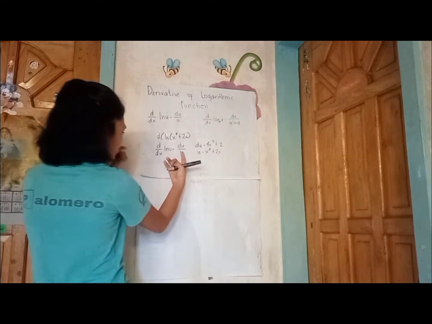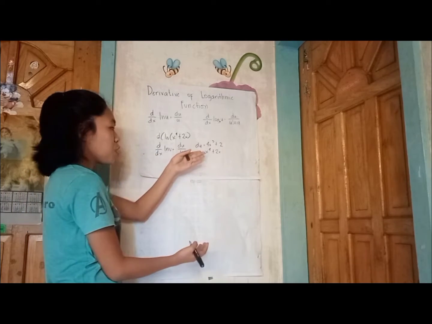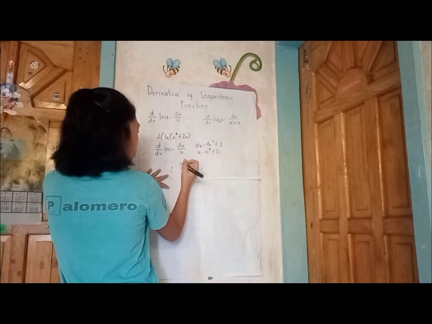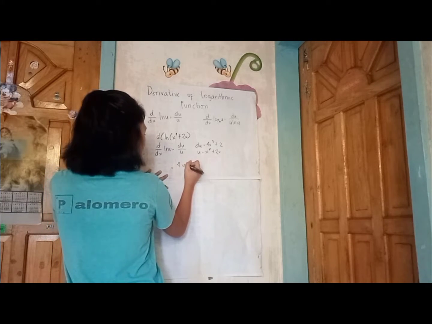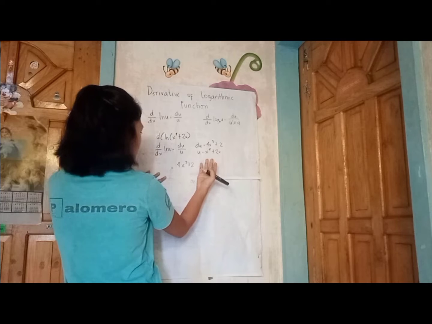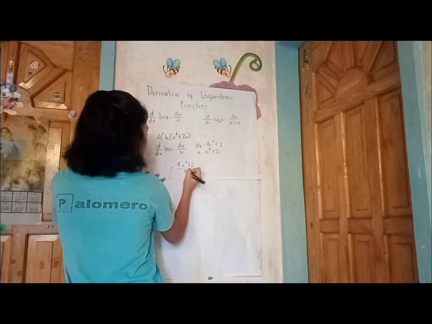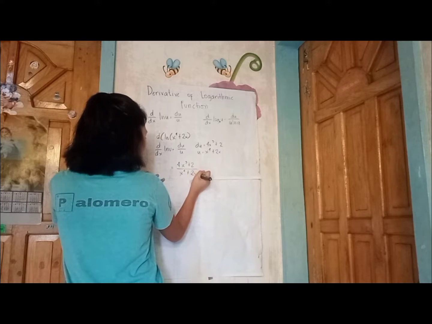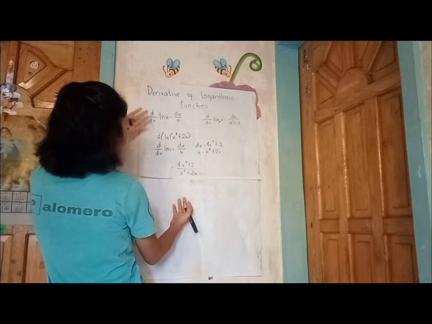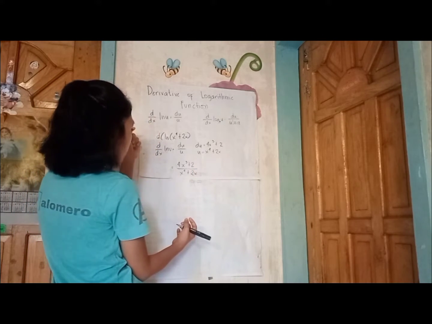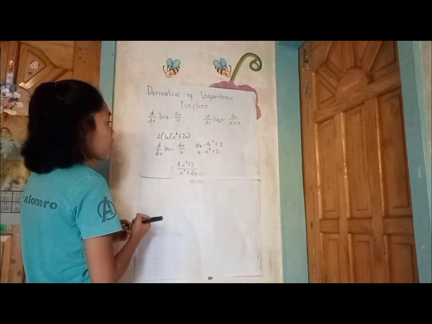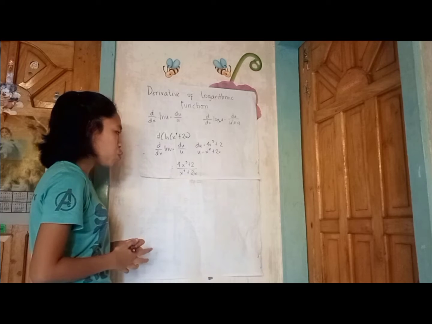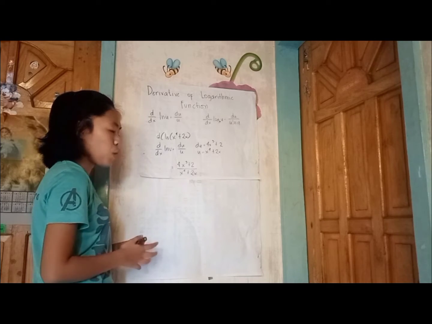So let's just substitute this to the formula: 4x cubed plus 2, which is our du, over the denominator u, x raised to 4 plus 2x. So the derivative of ln of x raised to 4 plus 2x is equal to 4x cubed plus 2 over x raised to 4 plus 2x.